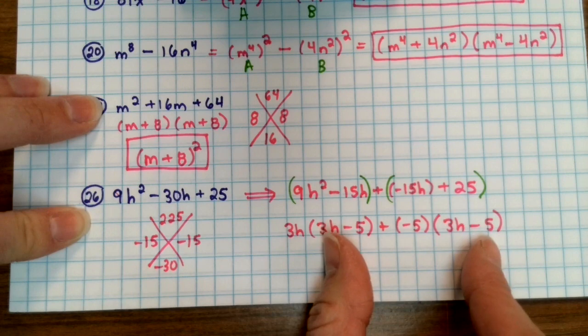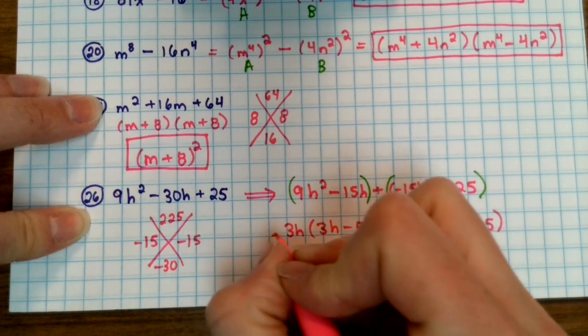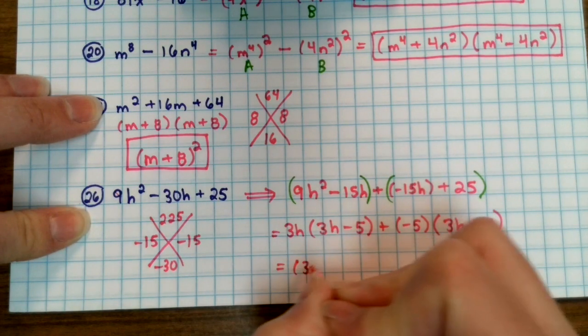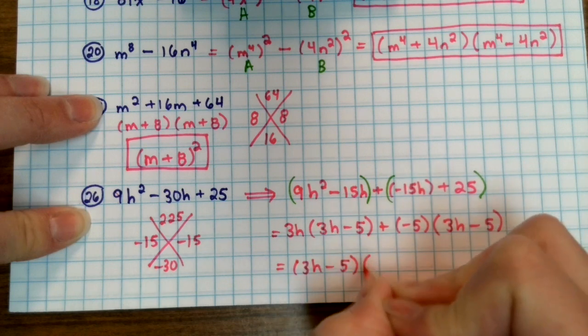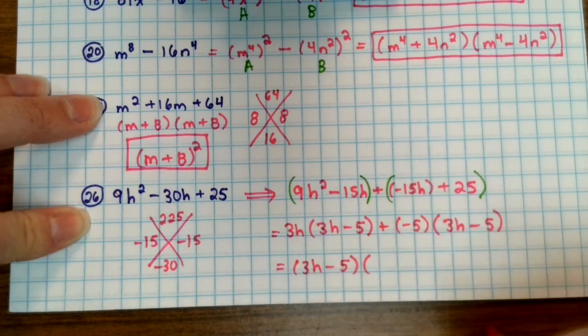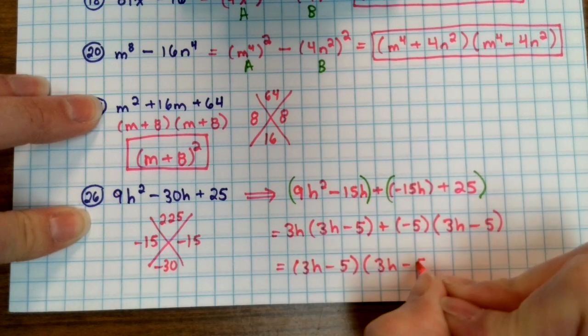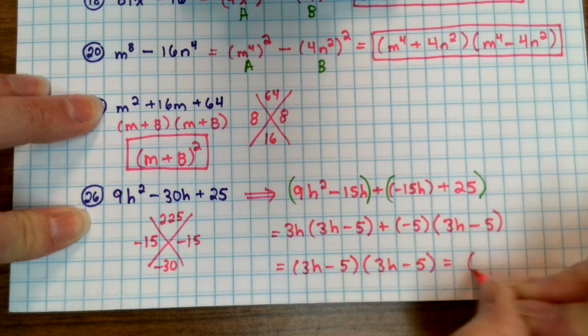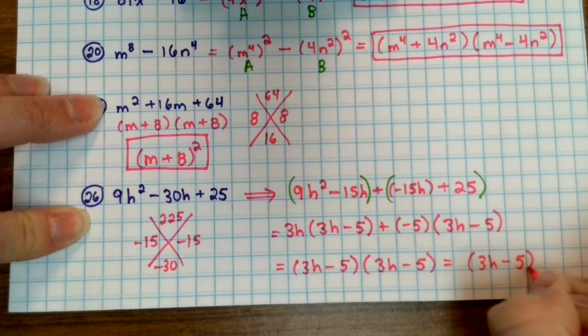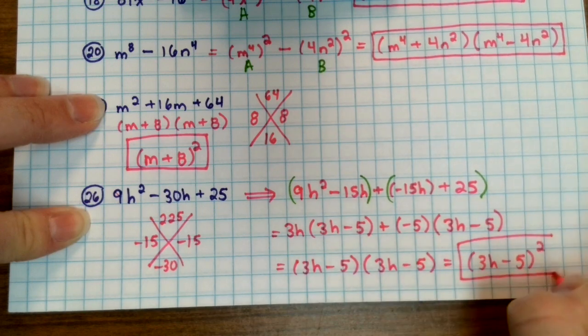So this 3h minus 5, we can rewrite that out front. But we're also left with 3h plus negative 5, which is the same as 3h minus 5. And so this ends up being 3h minus 5 squared as our final answer.